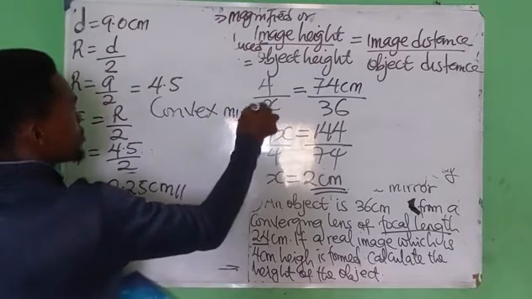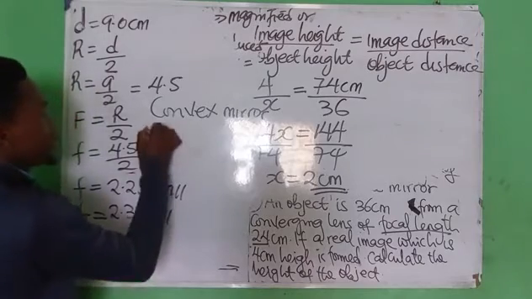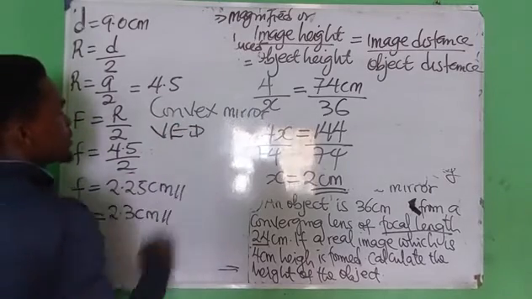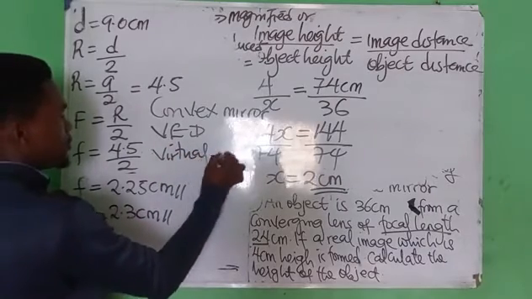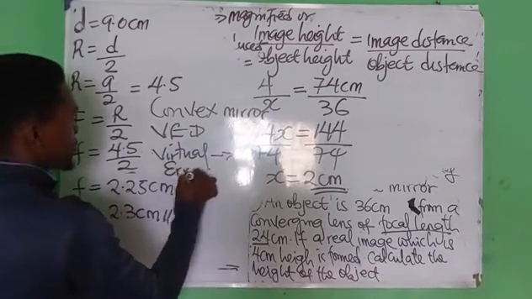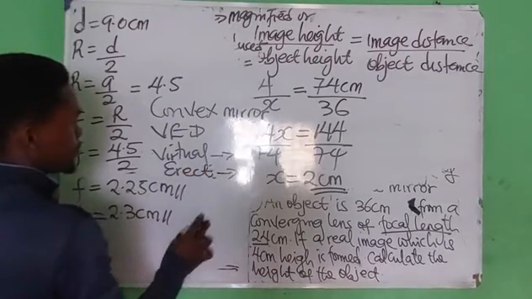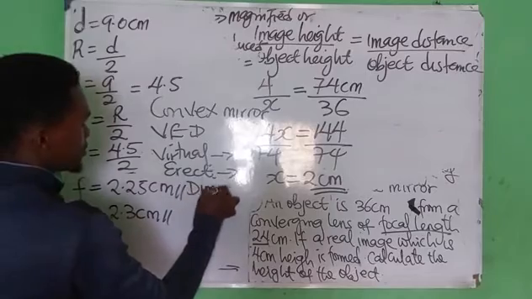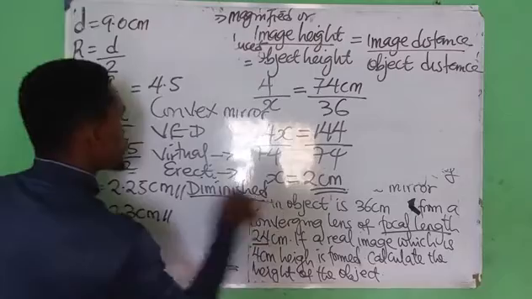Why is it a convex mirror? We know that the images formed by a convex mirror are virtual, erect, and diminished. So this is just the reason.